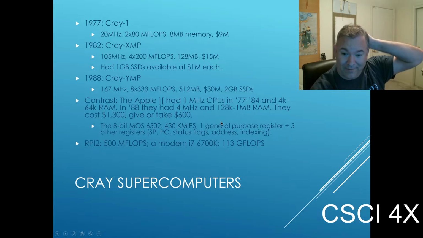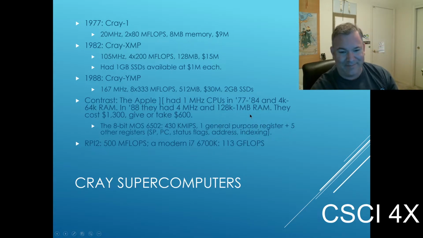So it had one register to play with, called the accumulator, because you would accumulate all of your math into it. And then you'd basically have to read and write to RAM all the time, so it was not fast. It would do 400,000 multiplications, or integers.